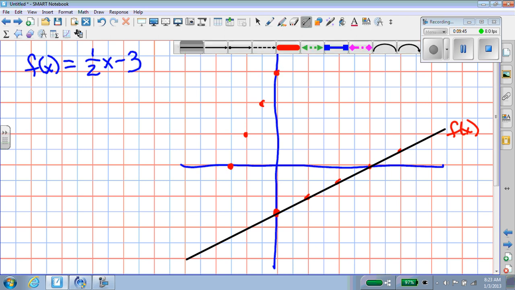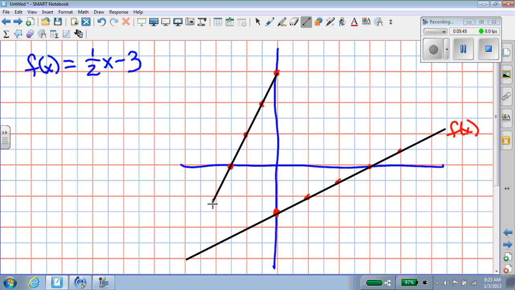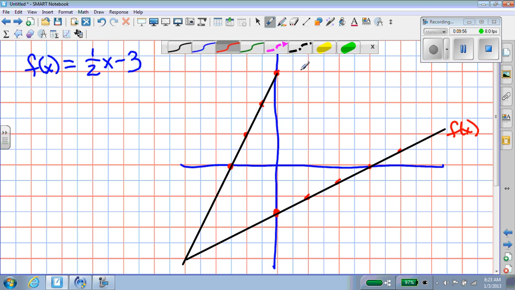So we've got this would be f inverse of x.